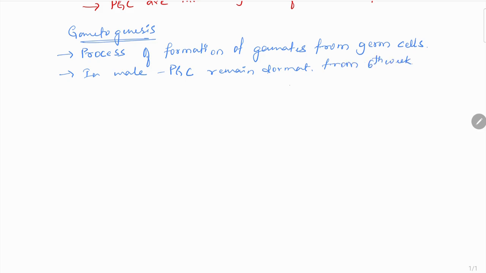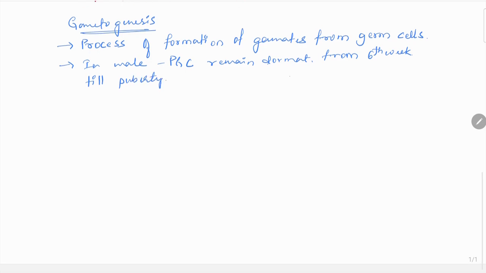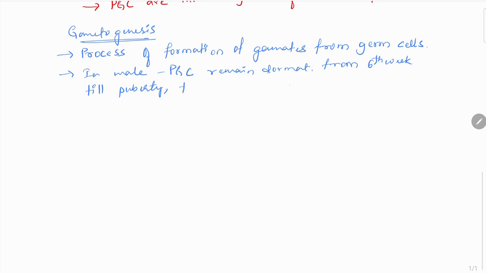The 4th week they start formation, the 6th week they reach there, and they remain dormant till puberty. Then the seminiferous tubules undergo maturation.